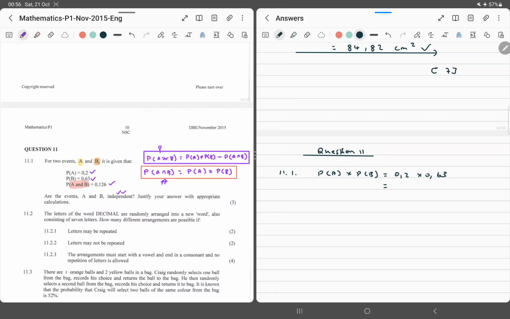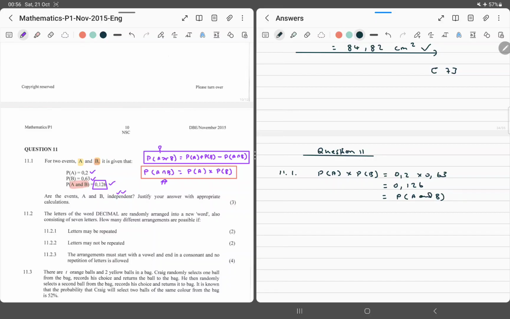It gives us 0,126, which is this value right here. This is essentially the probability of A and B.